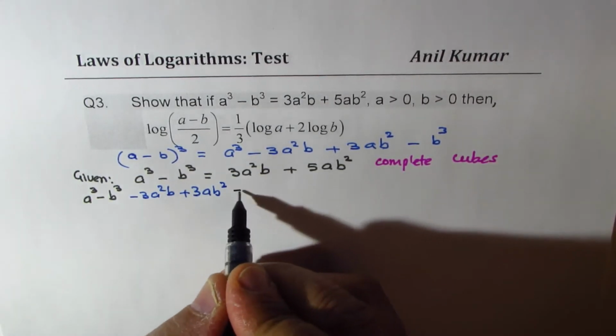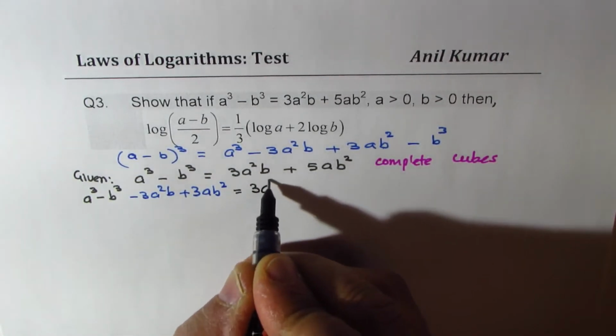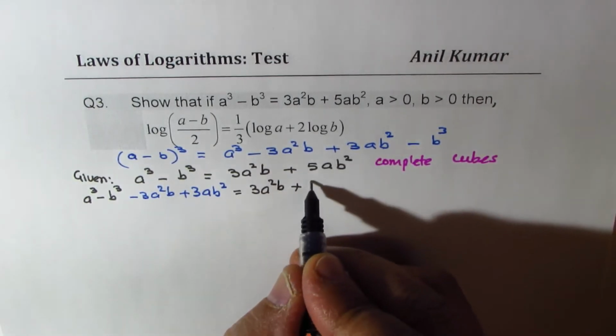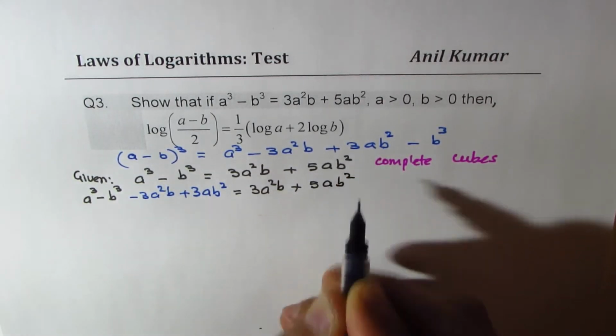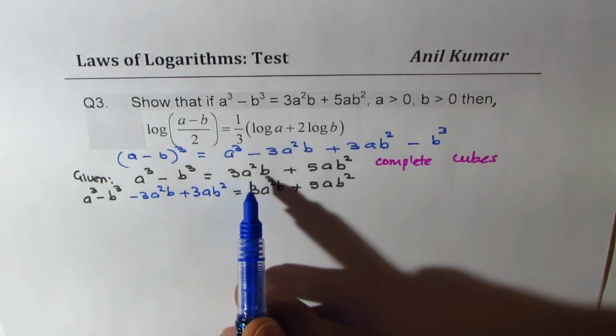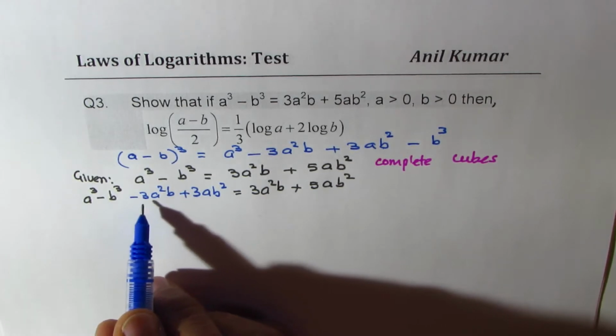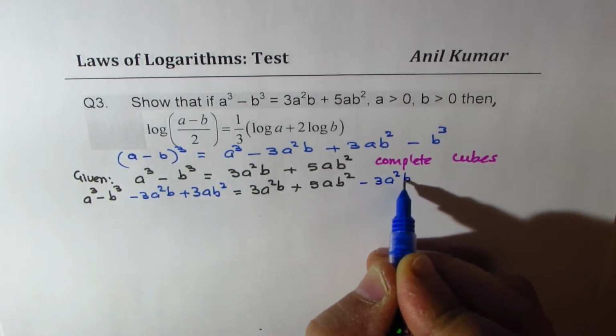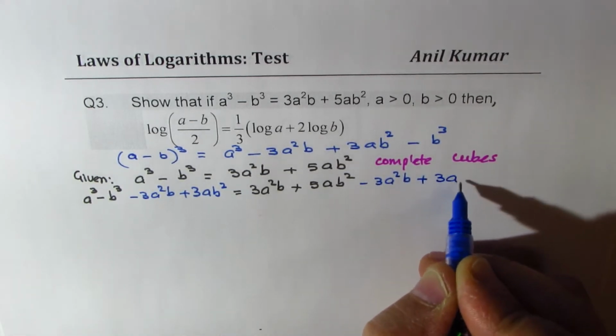So we'll add them on both the sides. We had this term here, we could have taken it to the left also. Purposely I didn't do, since sometimes we may not have exactly the same term. So we are going to add this on right side also. It becomes 3a square b plus 3ab square.